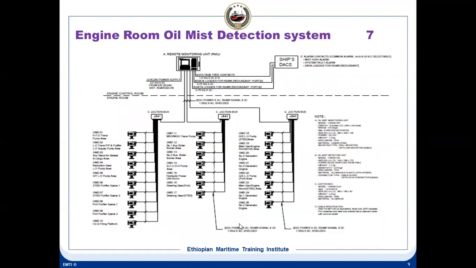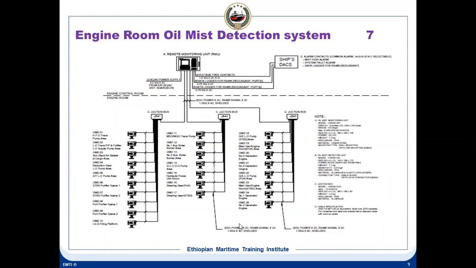So basically like stern tube areas, very critical areas. Stern tube areas, purifier rooms, HFO transfer areas, low oil transfer pump areas, MDO transfer pump areas, then steering gear rooms, generator low oil pump areas, main engine generator room.